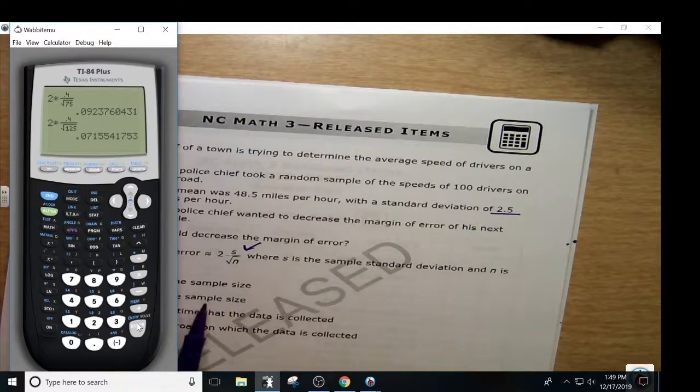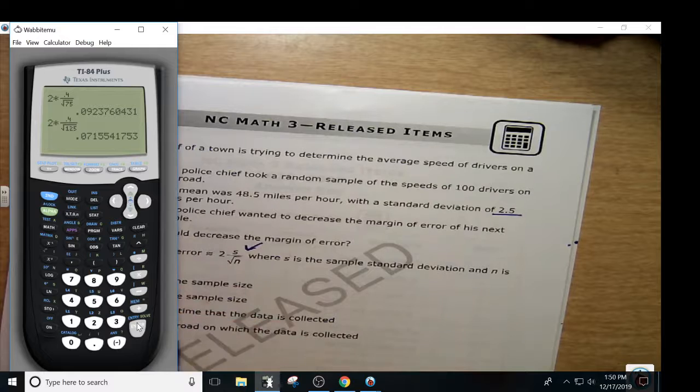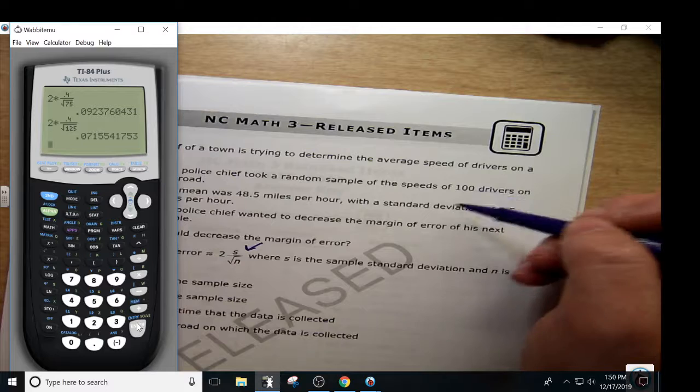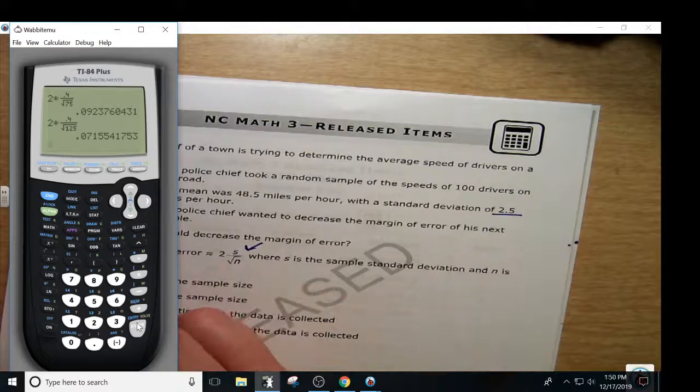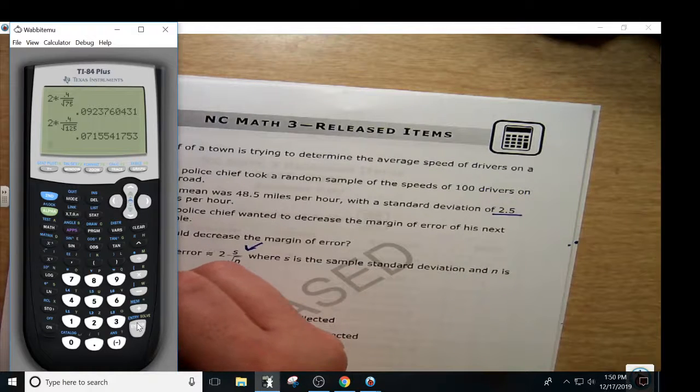If you increase the sample size, it's going to make the margin of error go down. So now we know it's not this one. Changing the road on which the data is collected? Well, guys, that really doesn't matter because he's just selecting at random 100 drivers, so that has nothing to do with it. Changing the time that data is collected, he's still going to get 100 drivers, so that doesn't matter. So your answer is B.